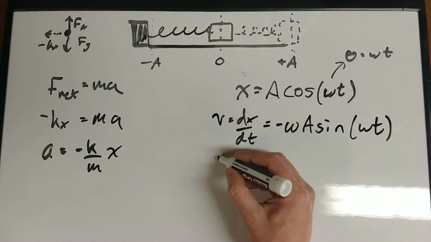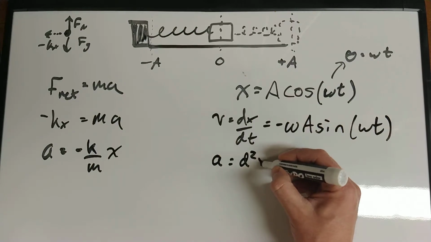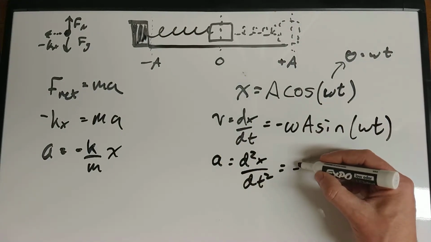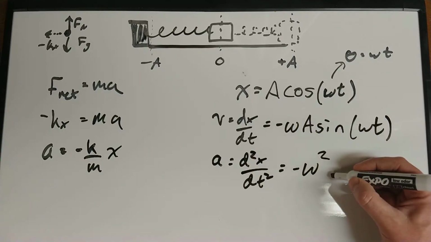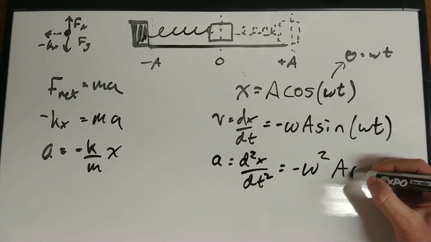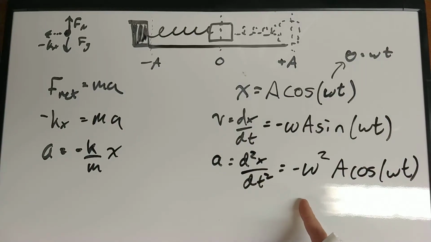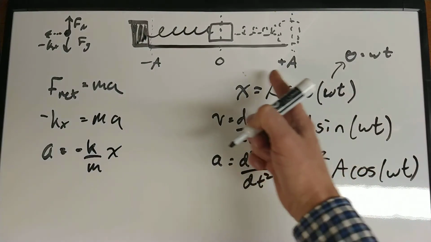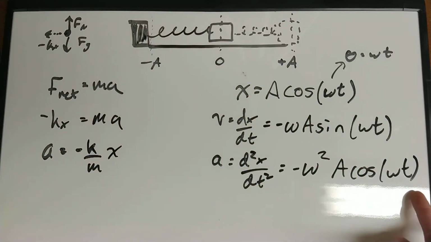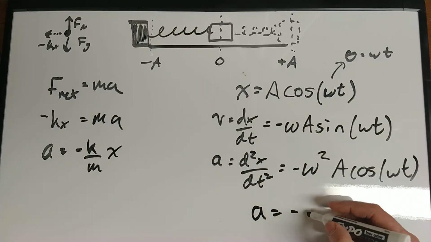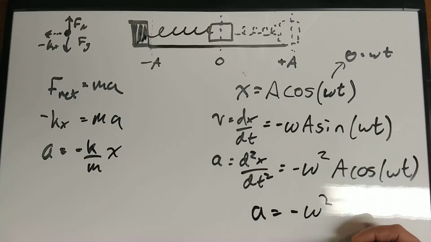Then the acceleration, d squared x dt squared, equals negative omega squared times A cos omega t. Look, we took 2 derivatives of this and ended up back with a constant times our original function. So why don't I write it like this? A equals negative omega squared times our original position function.